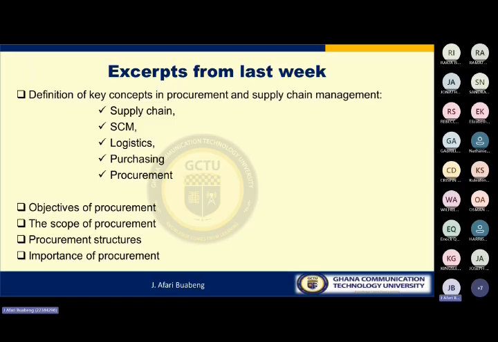So I said that the major reason why entities adopt a centralized procurement structure is to gain the benefit of what? Economies of scale.